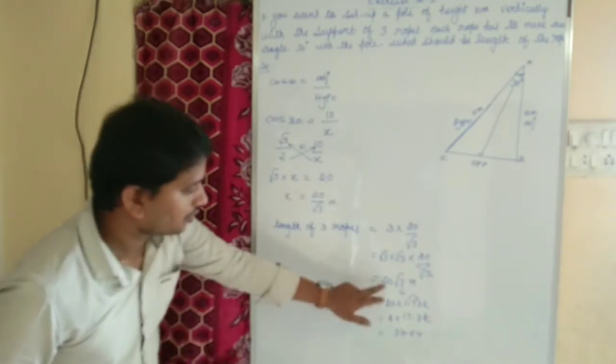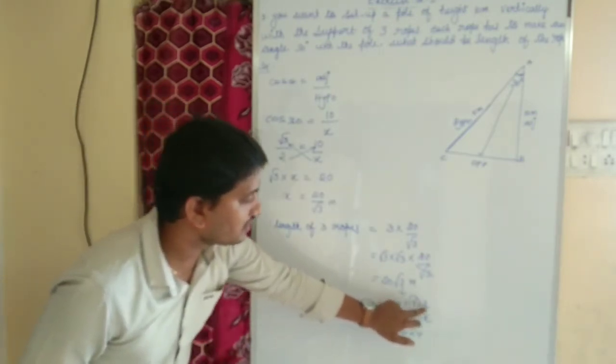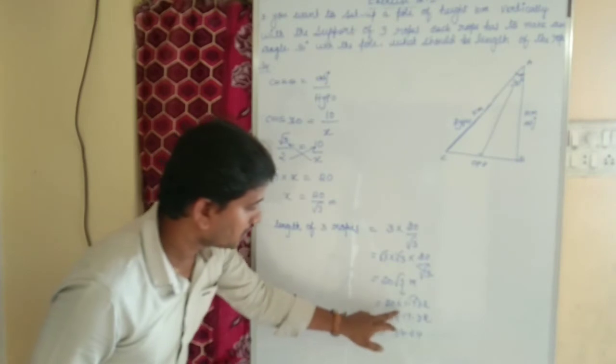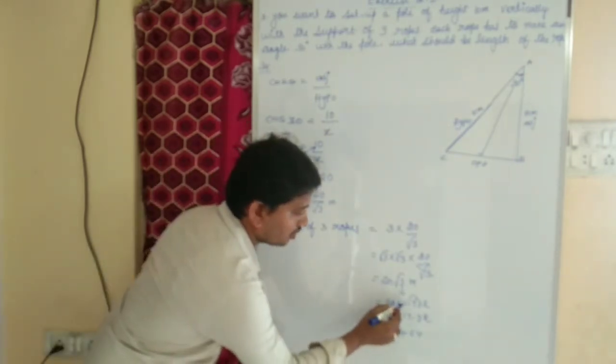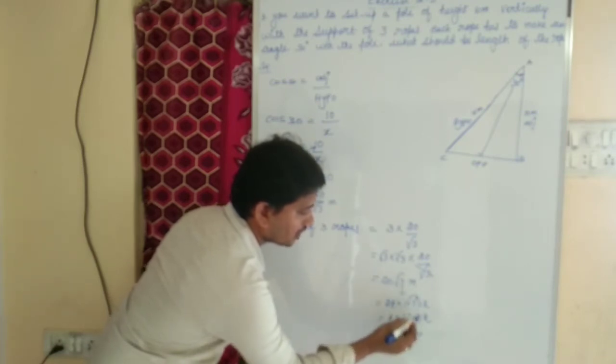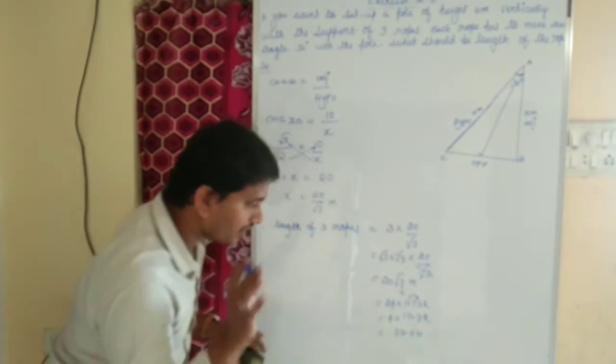Children, 20, root 3 value 1.732. Here we have the 1 and 0. If you cancel this 0, the decimal point shifts towards the right-hand side by one digit, so it becomes 17.32, and then 2 into 17.32. 2 2s are 4, 2 3s are 6, 2 7s are 14, 2 1s are 2 plus 1, 3.